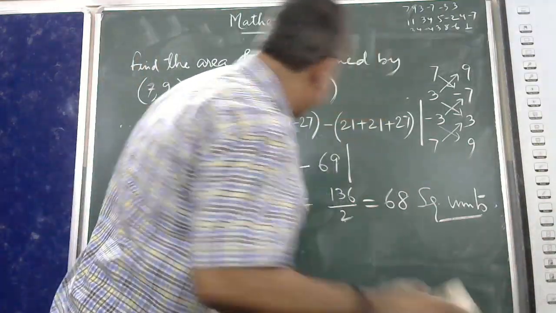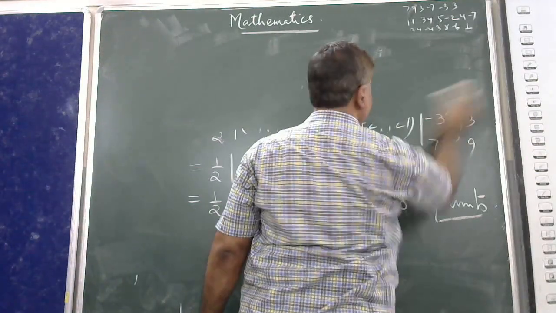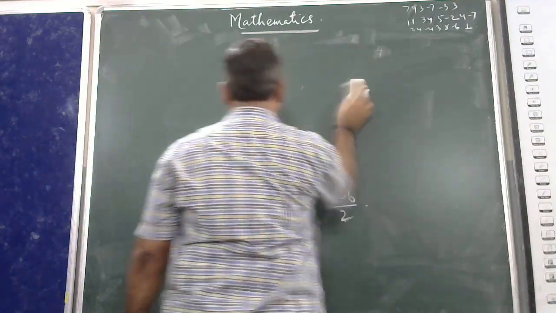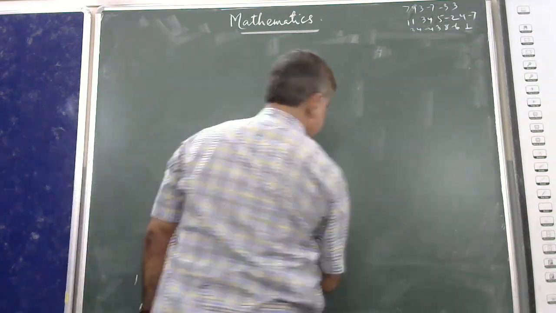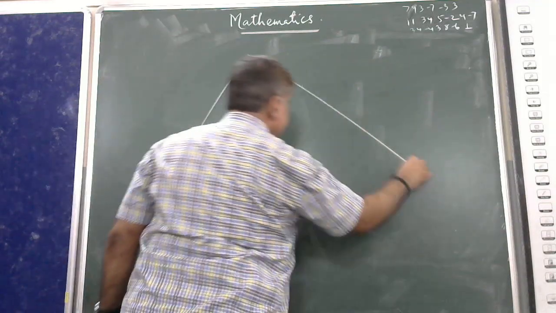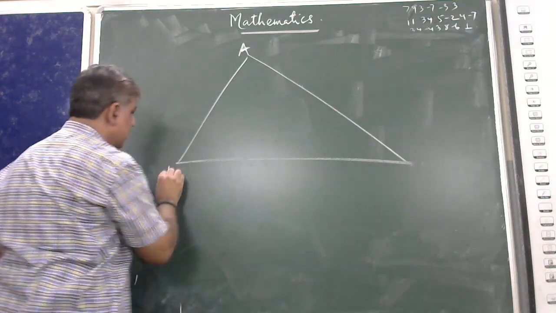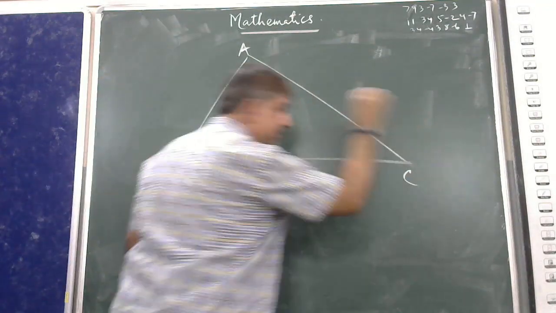One more concept there was. Suppose we have a triangle. Now this triangle has got some area. ABC is a triangle, and this triangle has got some area.